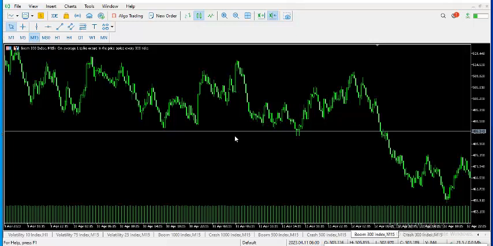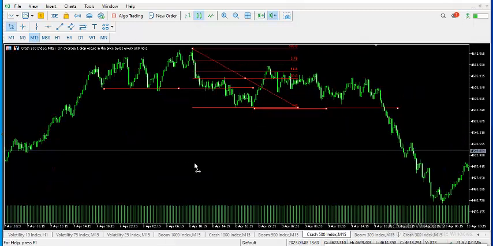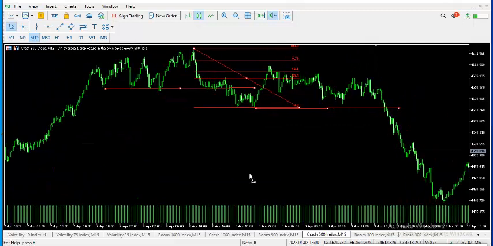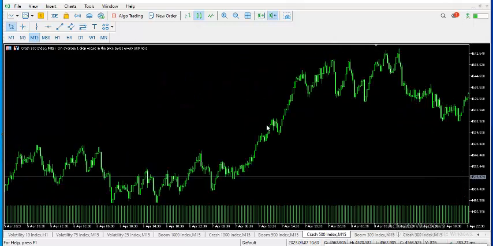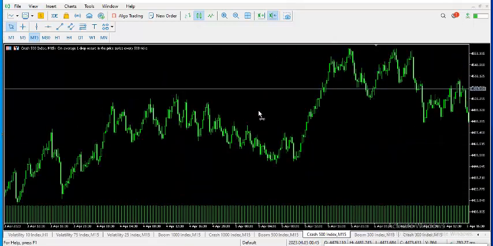So you want to go ahead and backtest this very strategy. But I have good news for you. After this video, we are going to be making another video where I'm going to show you a tool that will automatically show you when to buy or when to sell from a Fibonacci level.